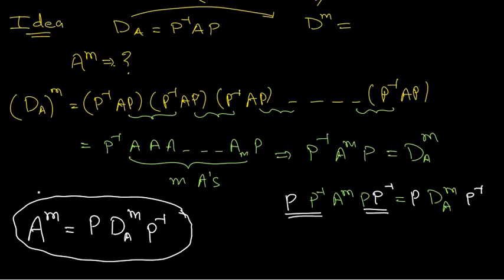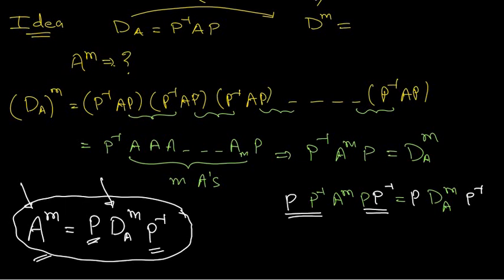So if you have to find the matrix power m, first find its diagonal form, then raise the diagonal elements, which are your eigenvalues, to the power. Let's say they were a, b, c, then the diagonal elements of dA power m will be a raised to power m, b raised to power m, c raised to power m. Then multiply by these matrices P, and you will get A raised to power m.